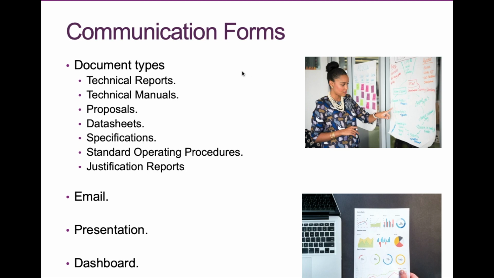Technical manuals, so for example, you might have produced an engineering product. The most common one that comes to mind is your phone. Your phone has a manual, or your TV, it tells you what you need to do or how you need to use it to enjoy the benefits the most.